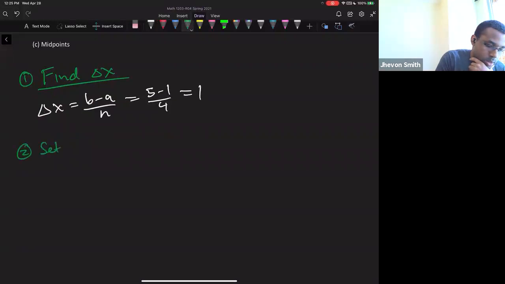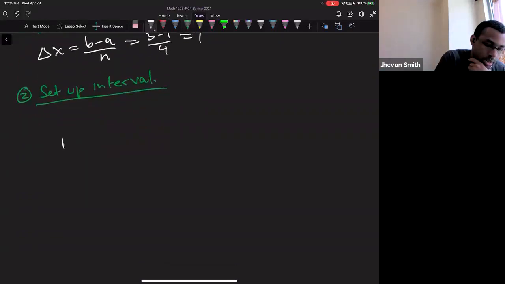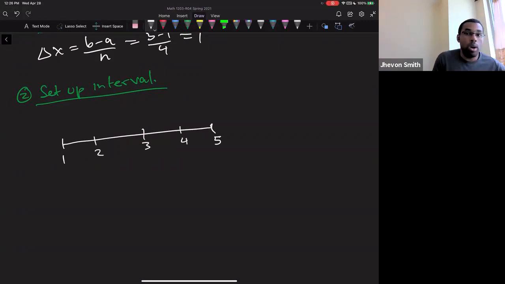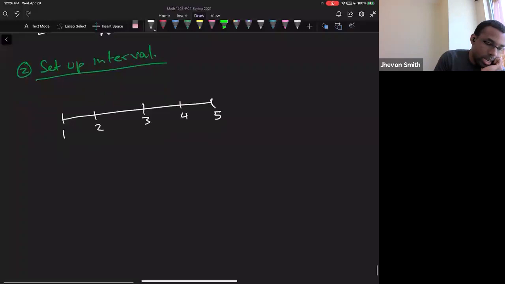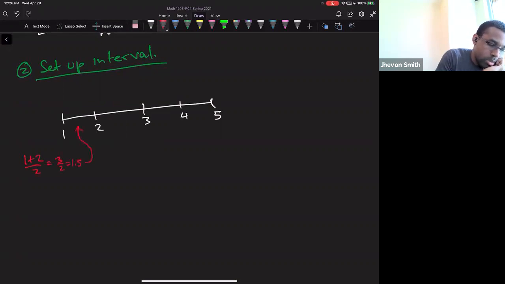I would set up the interval. So again, I know it's 1 to 5. Going to have 4 equal pieces. It's 2, 3, 4. However, I want the midpoints. What I can do is average these. If I take 1 plus 2 over 2, I get 3 over 2, which is 1.5, and that's going to be the middle here, 1.5.